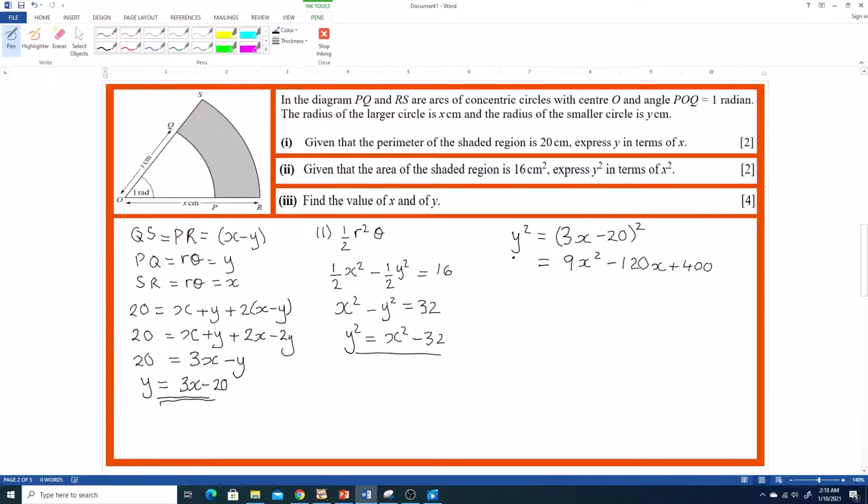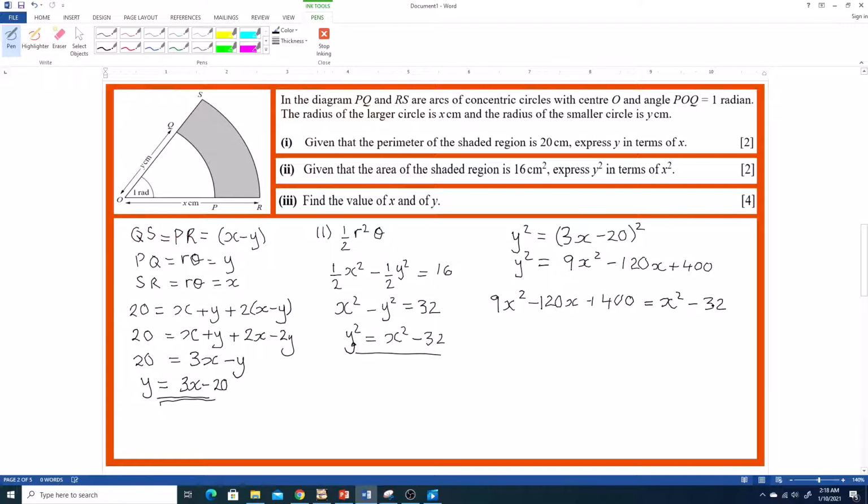So I'm going to put this y squared here so that I'll have 9x squared minus 120x plus 400 is equal to x squared minus 32.